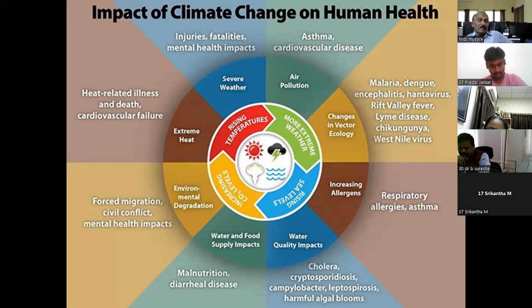Now, after a disaster, we know that when people start migrating from one area to another area, or displacement takes place, for a number of days they may not get good food. So there may be malnutrition. They may not get good water. There may be diarrheal diseases.